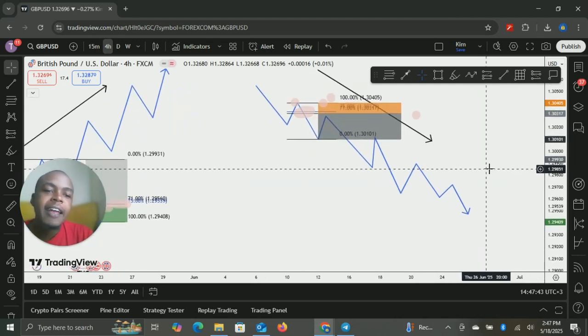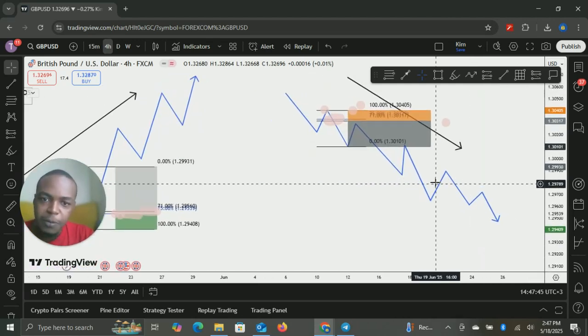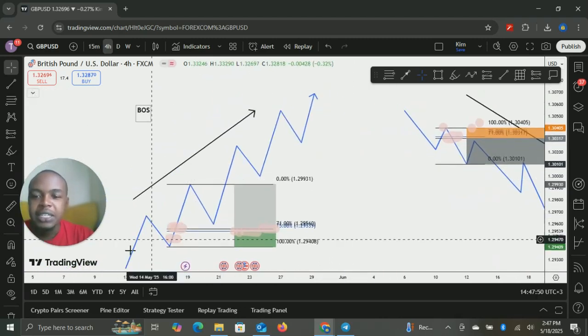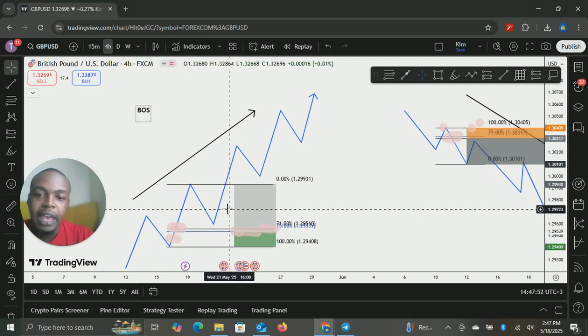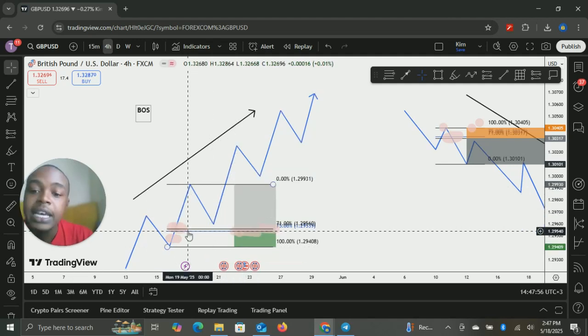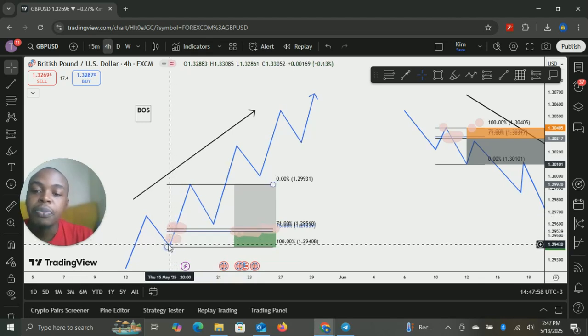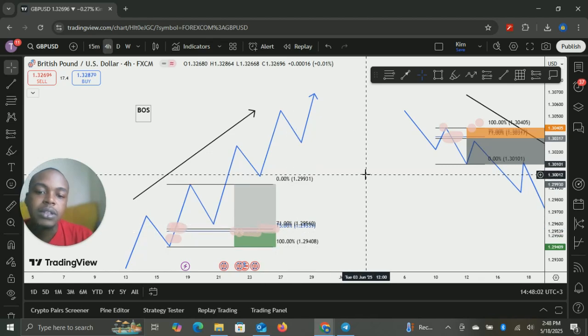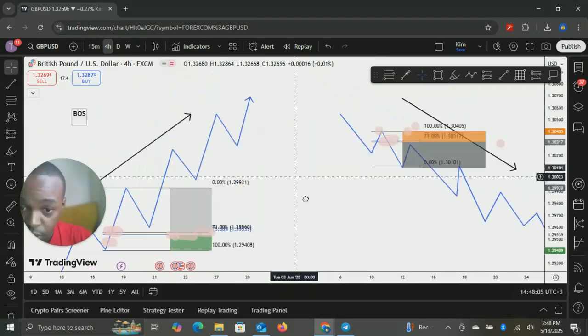Very, very simple strategy. Let's recap. If it's an uptrend, you take your fib level and you mark your zones at 71% or 75%. You draw it from the higher low to the higher high, and then you enter at 71 or 75%, whichever you are liking.